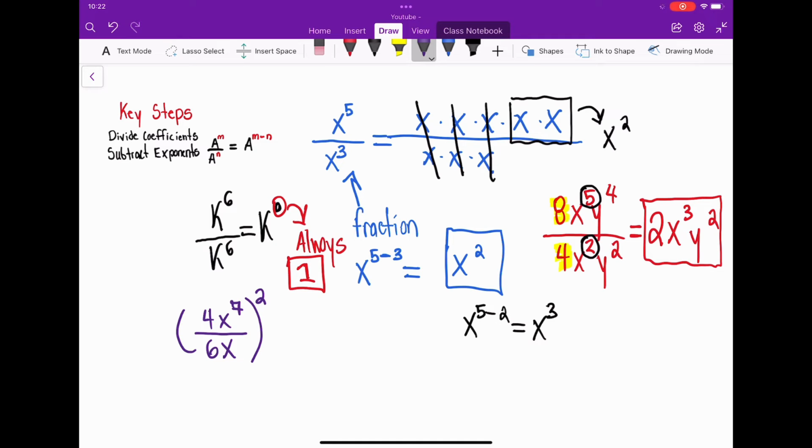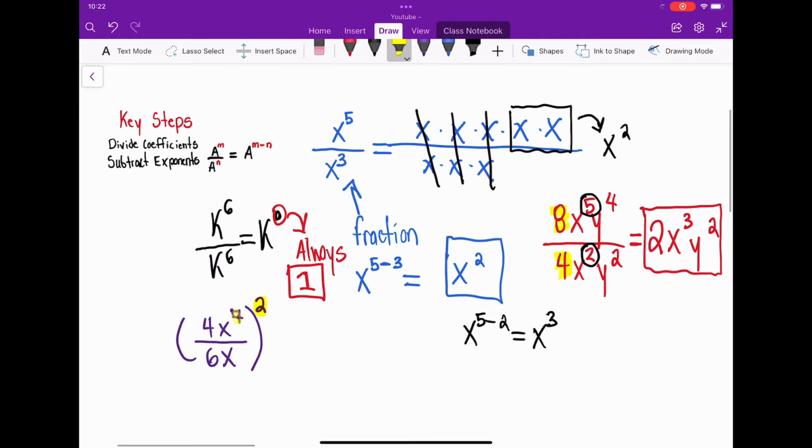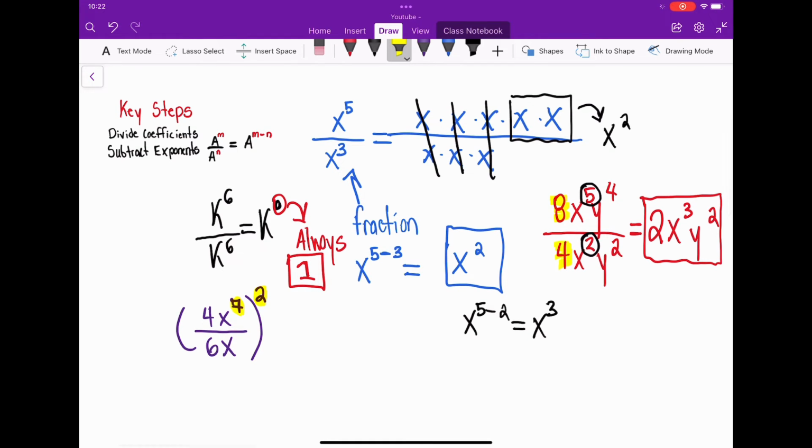Exactly. If you remember from our previous videos, when we talked about the power rule, when there's an exponent on the outside of the parentheses, that means we're going to multiply the exponents. And if we don't see an exponent like we do with 6x, we should always assume and know that it is 1, right?